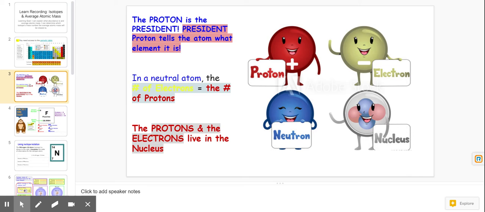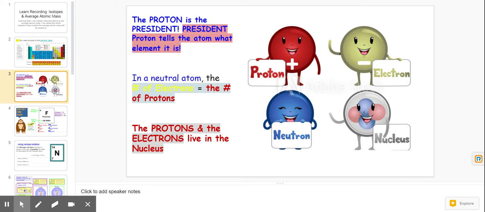That electron is negatively charged. It does not reside in the nucleus. It occupies the electron cloud outside of the nucleus. It's extremely tiny. It has a mass of 0 for our purpose.